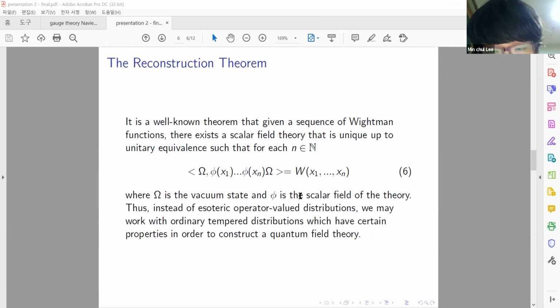So phi is the operator-valued distribution, and we are calculating the Wightman function as the vacuum expectation value of the scalar fields. Thus, instead of esoteric operator-valued distributions, we may work with ordinary tempered distributions, which may have certain properties, in order to construct a quantum field theory. That is the punchline of the reconstruction theorem.